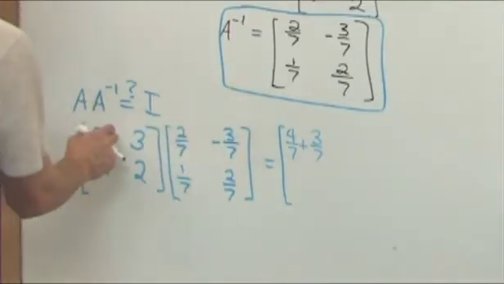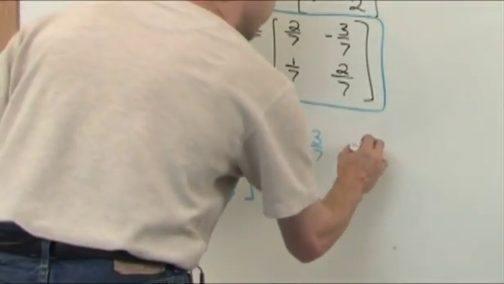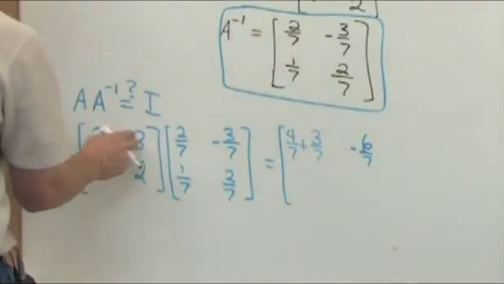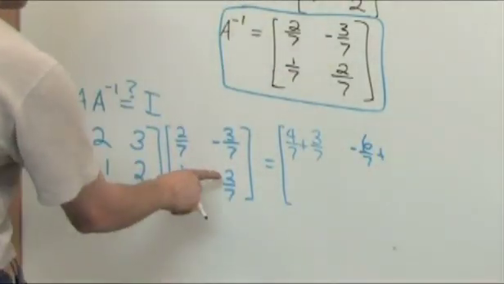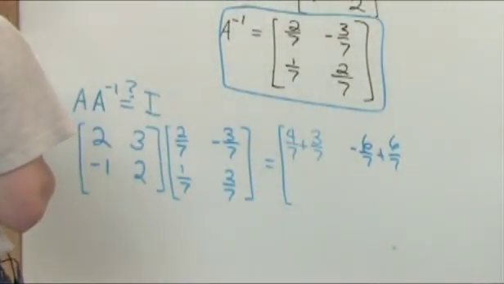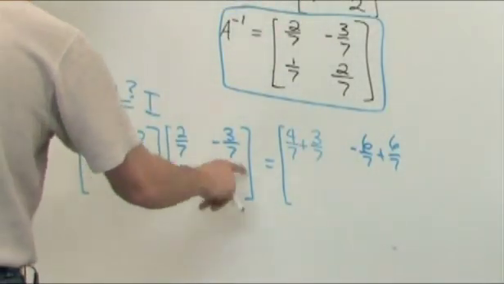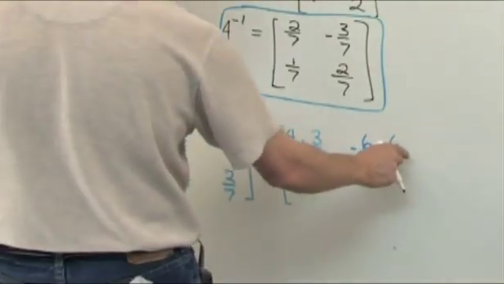Now let's move over and do it for this column over here. Over and down. 2 times negative 3/7 is going to give me negative 6/7, plus 3 times 2/7, 3 times 2 is positive 6/7. Okay, like that. So again, over and down. This times this gives me this, plus this times this gives me this.